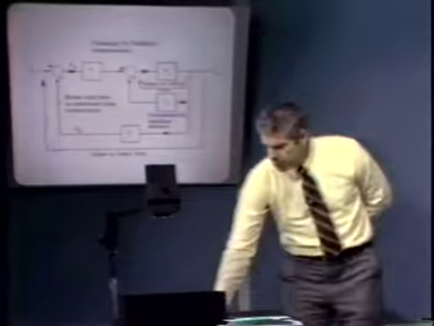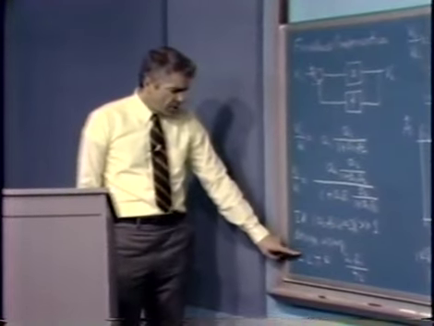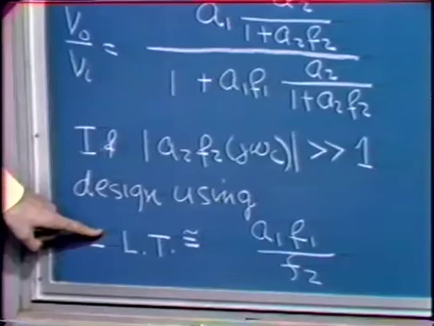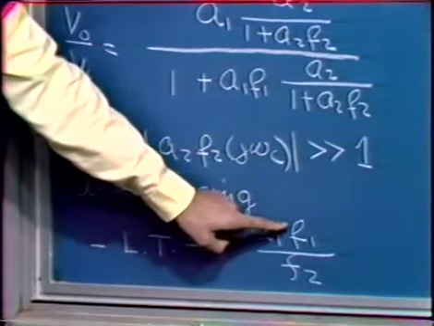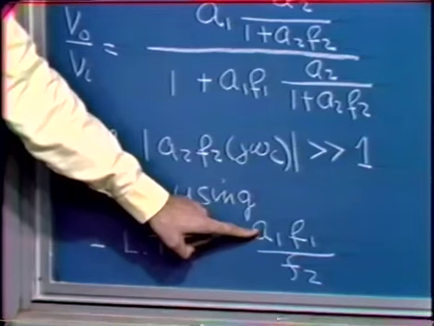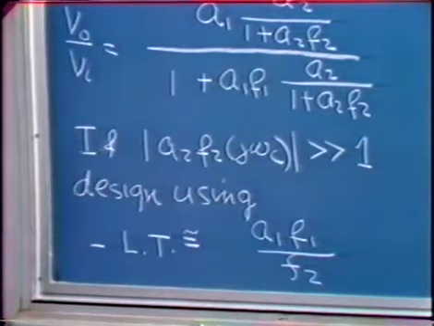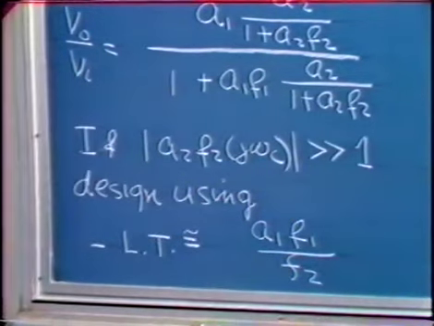If that's true, we're able to design using an approximation that says the negative of the loop transmission for the overall loop is simply equal to A1 F1 divided by F2. The elements A1 and F1 are elements associated with the major loop. 1 over F2 is the approximate input to output transmission of the minor loop.